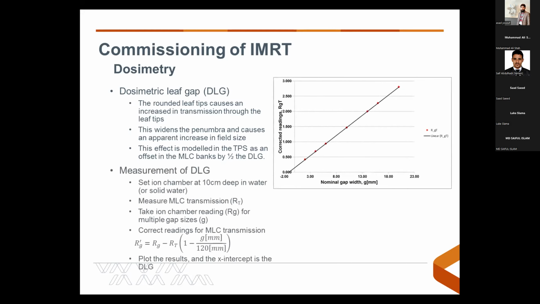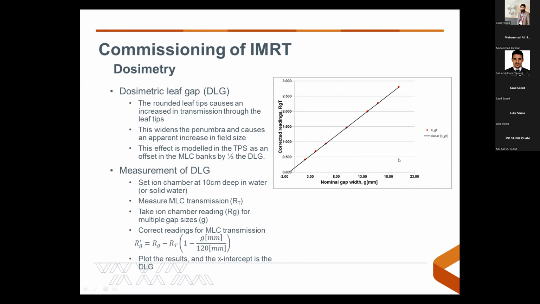The method of measuring the DLG is you set an ion chamber at 10 centimeters depth in water or solid water, measure the MLC transmission, RT, and take ion chamber readings for multiple different gap sizes. You deliver sliding window gap plans where the MLCs slide from one side to the other, delivering the same number of MUs with multiple MLC gap widths.